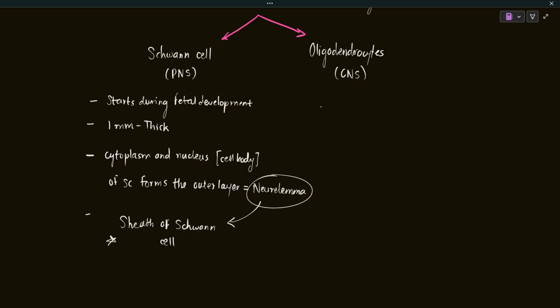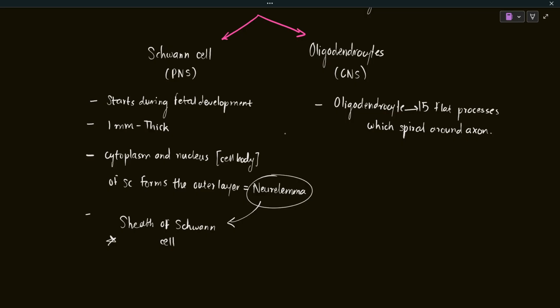In the central nervous system, a single oligodendrocyte puts forth about 15 broad flat processes that spiral around axons. This is how the myelin sheath is formed in the central nervous system.